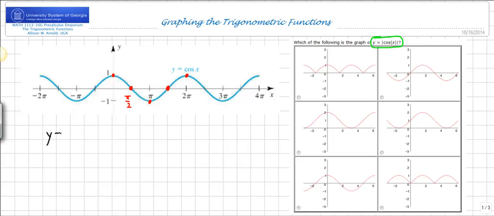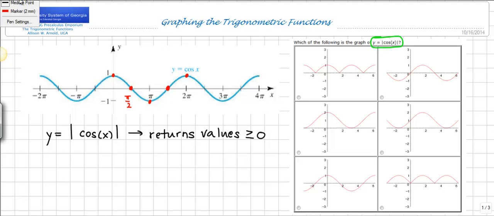And what we have learned so far with our graphing techniques in earlier sections is that if you are taking the absolute value of a function, then it's going to return any function values as greater than or equal to 0 based upon what the values of the function already are.